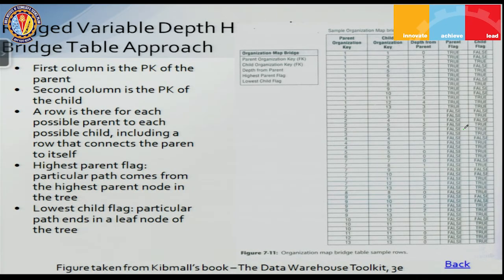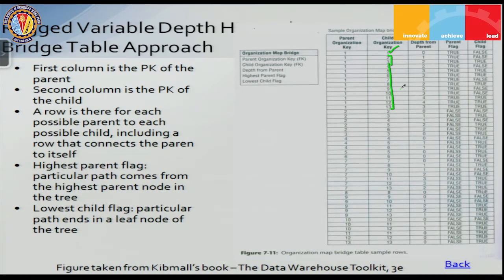So if you go back to the hierarchy that we had, one had lots of children, right? So if you look at the first row here, you can see there is a row for parent to parent also, and then you can see there are children like 2, 3, 4, 5, 6 up to 13.